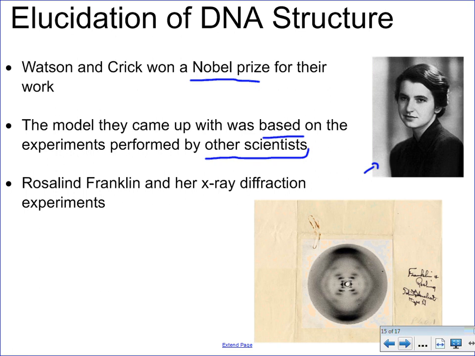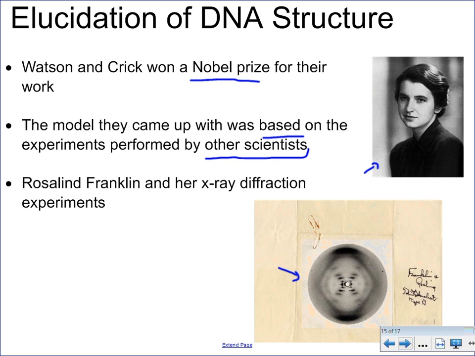Her work was actually central to them figuring out the structure of DNA. Using this process of X-ray diffraction, she generated images of DNA, such as this image on the bottom right, which were very helpful to Watson and Crick in coming up with their model.